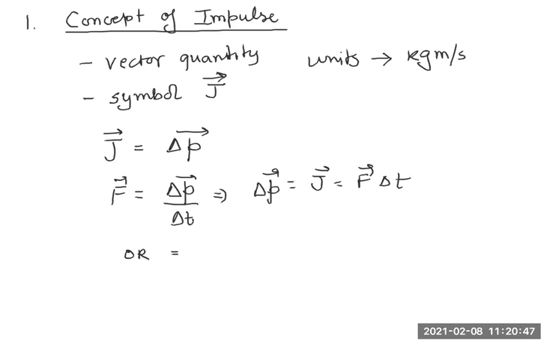Or I can write J is equal to the integral of F dt. Okay? So force and impulse are extremely closely related to each other. If you multiply force with time, you will arrive at impulse.